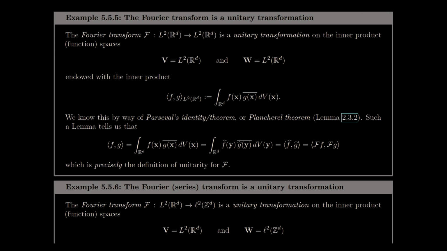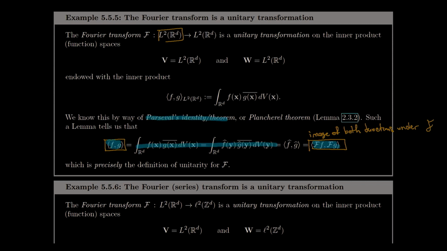So this is kind of important, right? We're going to check the inner product of two functions in L2, and then we're going to check the inner product of the image of both functions under the Fourier transform. And in fact, the fact that these inner products are equivalent, it's the same sort of thing.